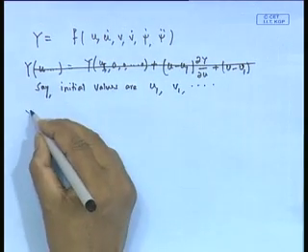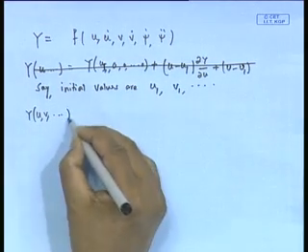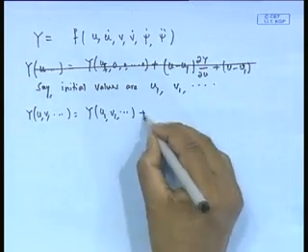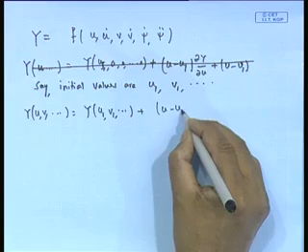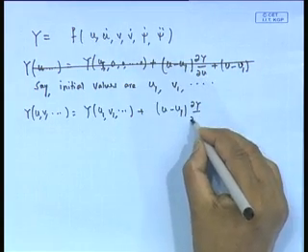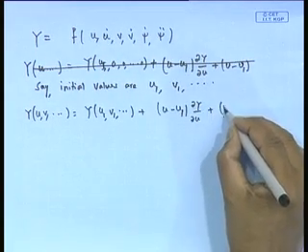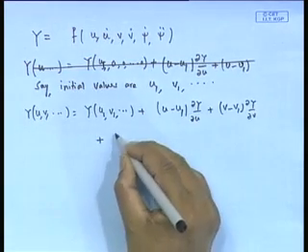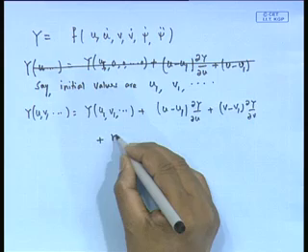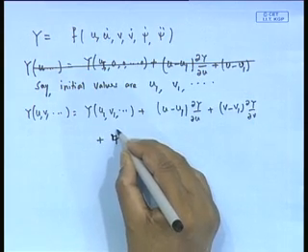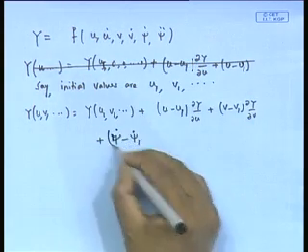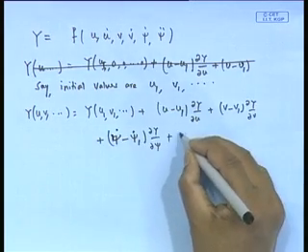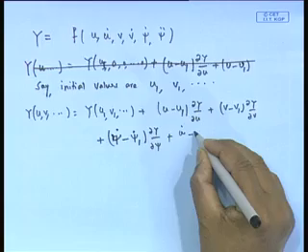Plus u minus u1 dy by du, plus v minus v1 dy by dv, plus psi dot minus psi dot 1 dy by d psi dot. These are three velocities. Then I have u dot minus u1 dot.